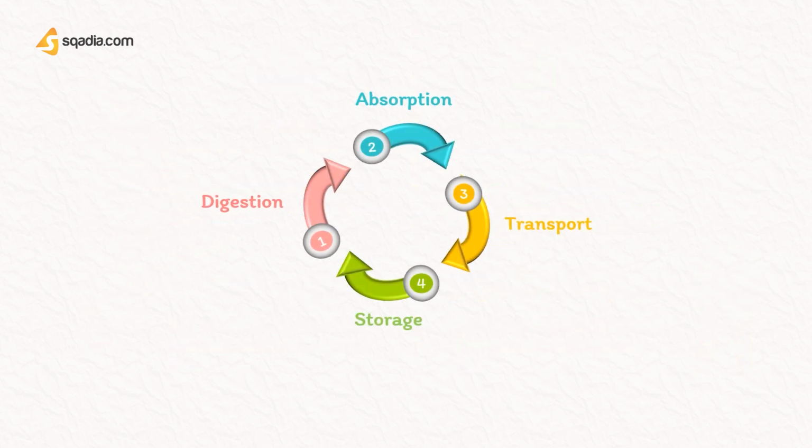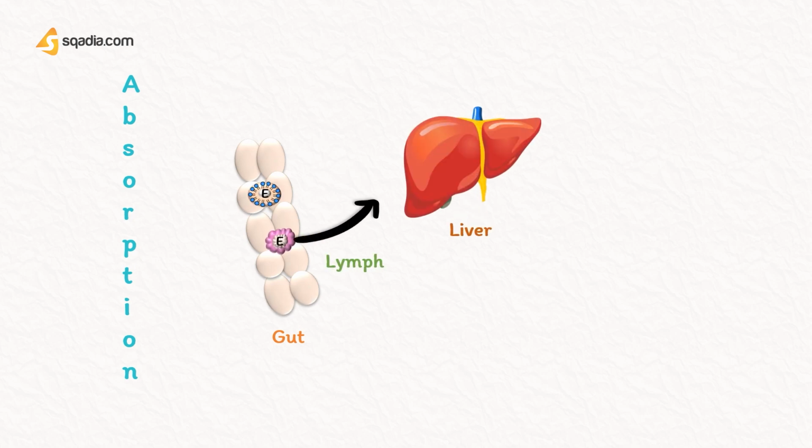Now, we will explore the absorption process. From gut, vitamin E comes in liver via lymph and then goes to systemic circulation.